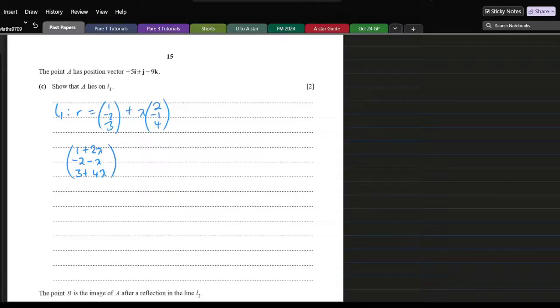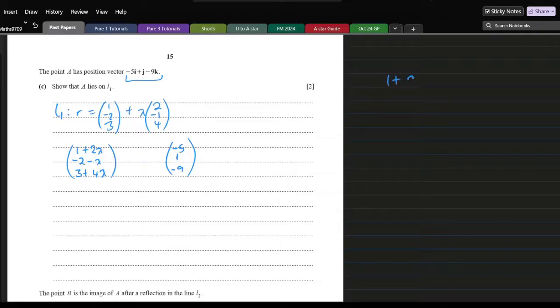And we have been given the point with the coordinates negative 5, 1, negative 9. And we have to verify that this point lies on this line. So what we can do is equate our x coordinate, the negative 5 part, to the x coordinate of the general point that lies on the line.